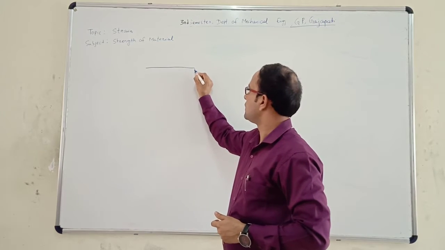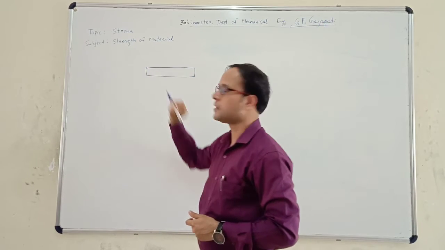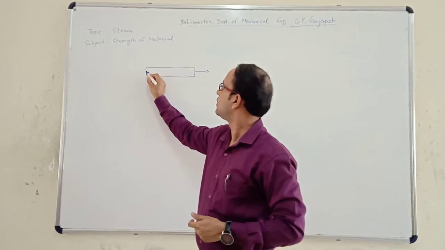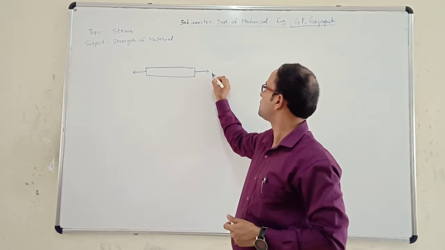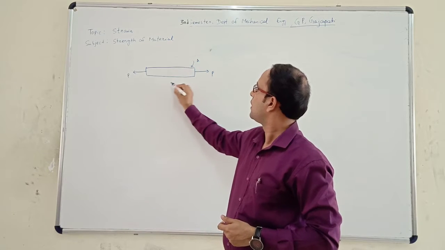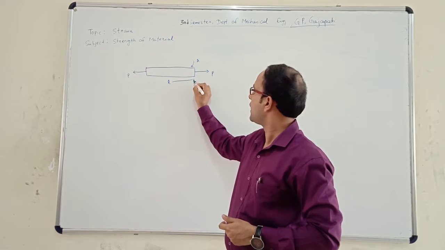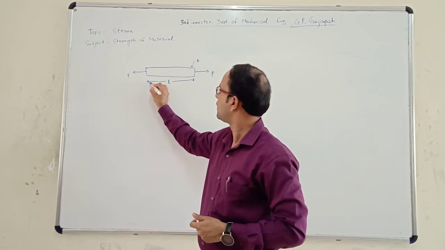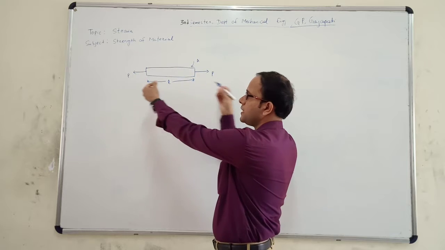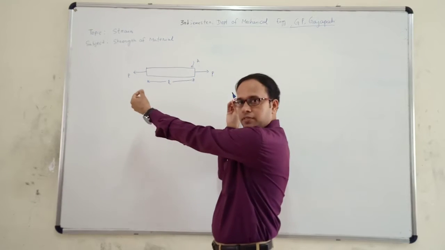Suppose this is a body. It is subjected to tensile force P. Let the cross section be A and the original length be L. Now, due to this P, there will be an increase in length. The body will deform.